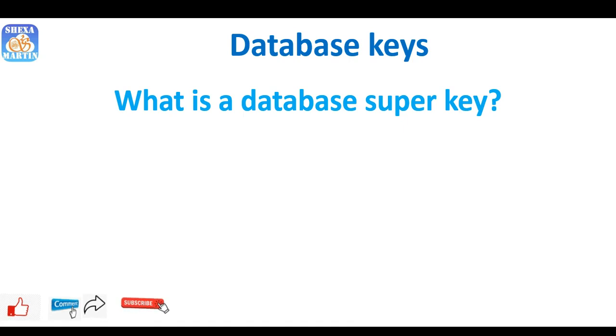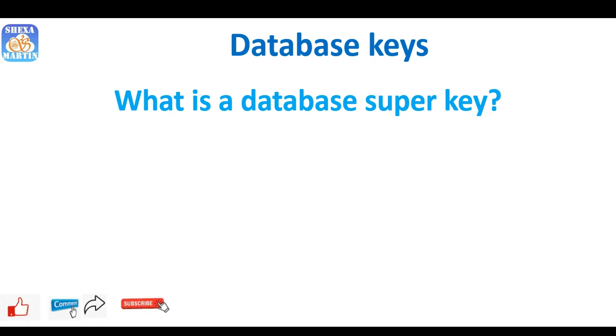You will see when I elaborate more. A super key is any set of columns that can uniquely identify a record or a tuple or an instance of an entity.